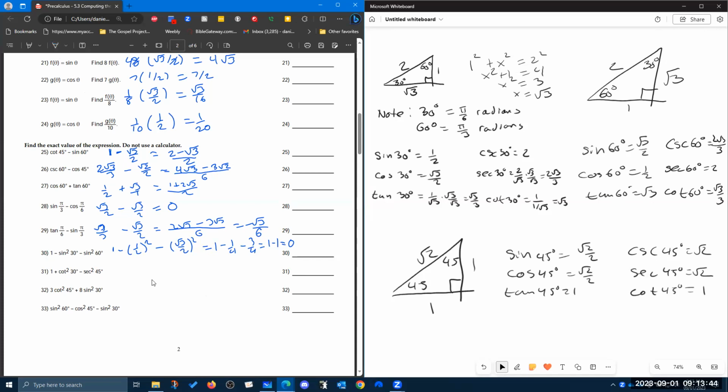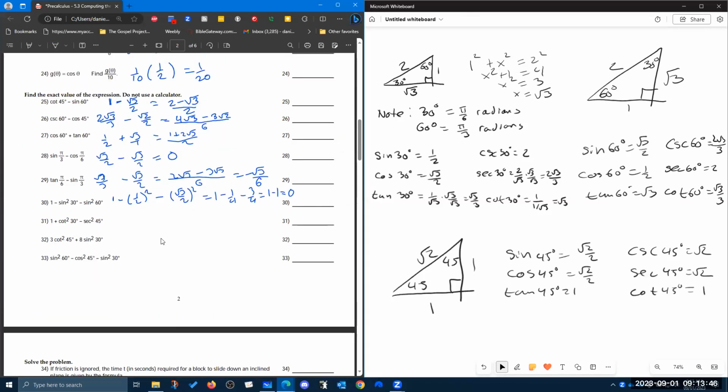Go ahead and do these last few problems here. 1 plus cotangent of 30 degrees squared minus secant of 45 degrees squared.